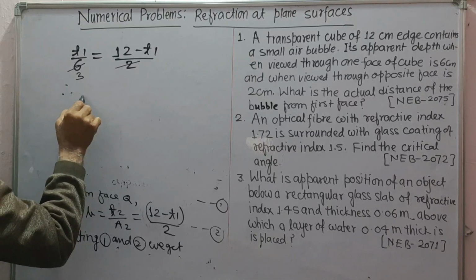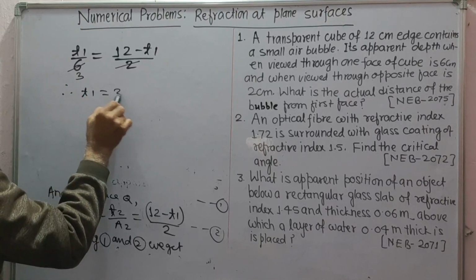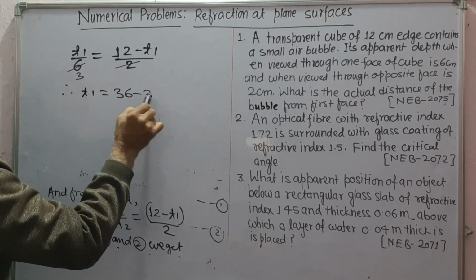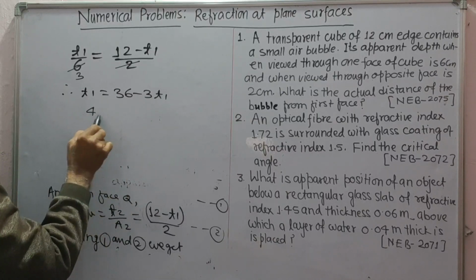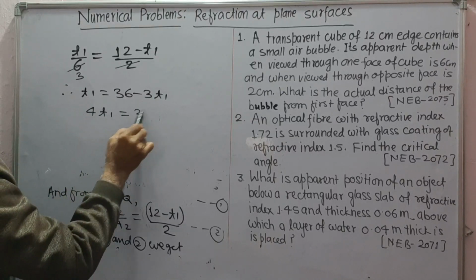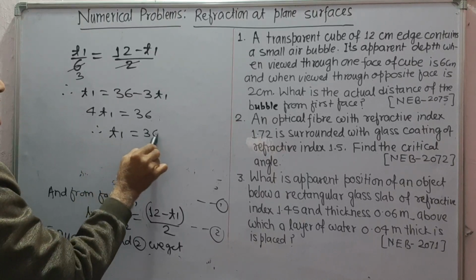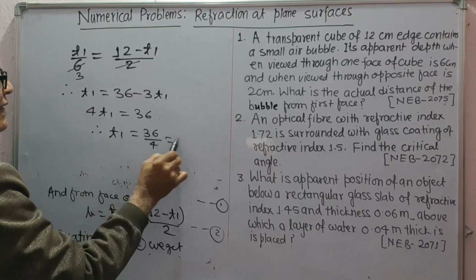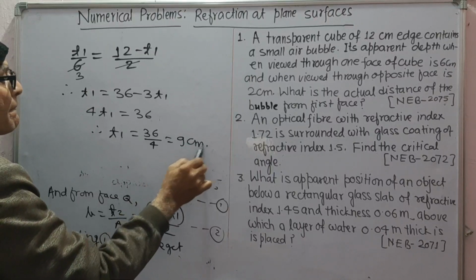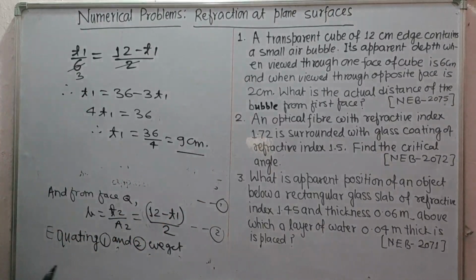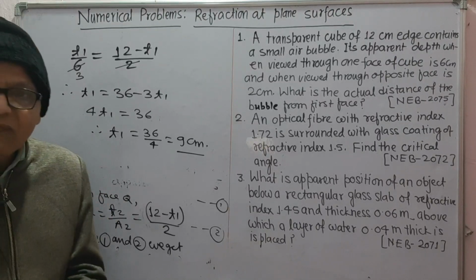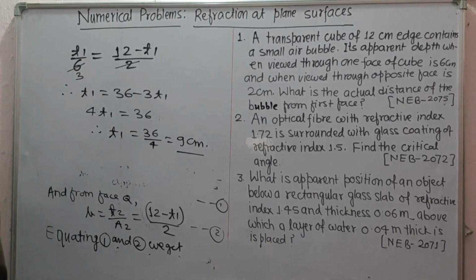Therefore, T1 will be equal to 36 minus 3T1, or 4T1 will be equal to 36. Therefore, T1 will be equal to 36 upon 4, which means 9 cm. So, the air bubble will be at a distance of 9 cm from the first face.